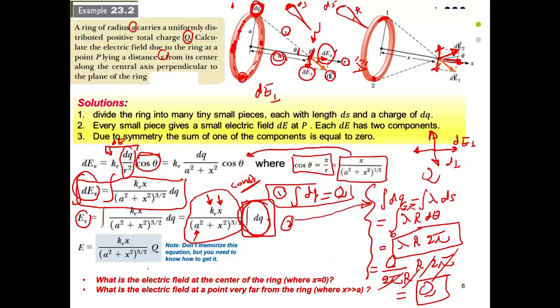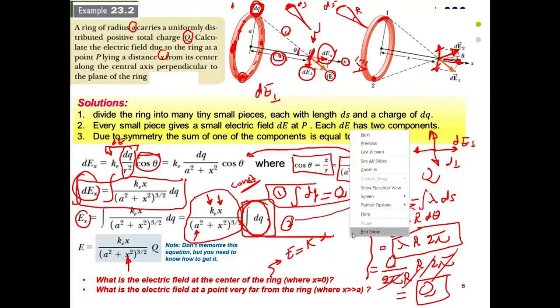At the center of the ring, this parameter x is 0, right? If this is 0, what will be the answer? Simply E will be equal to K x.